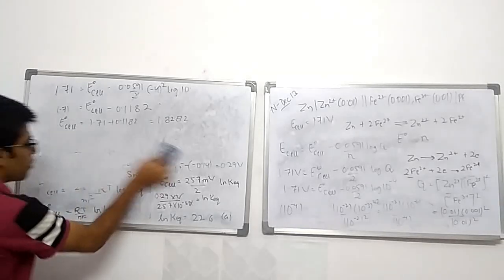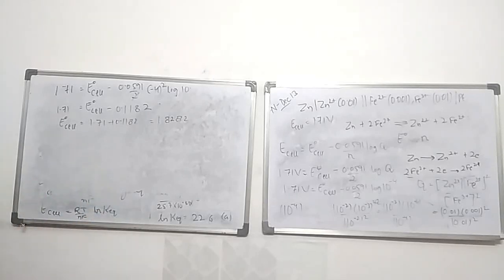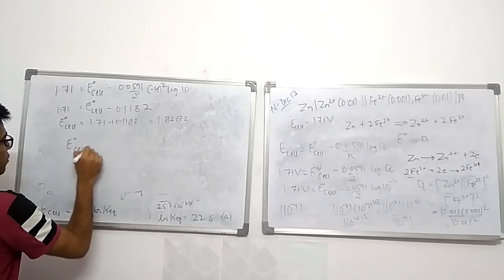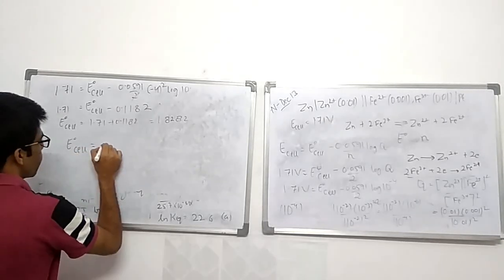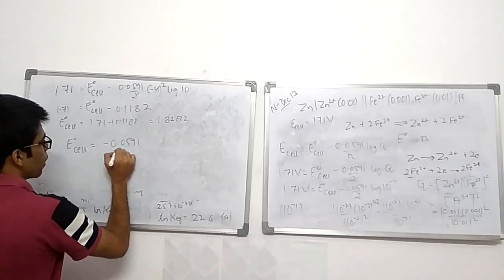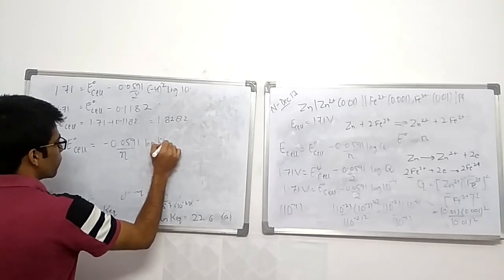Now I need to find the equilibrium constant. So I will put in the formula, I would get E naught cell is equal to minus 0.0591 by n log K equilibrium.